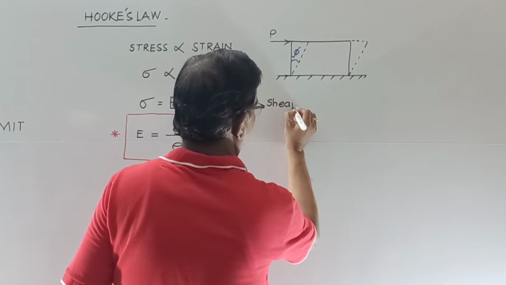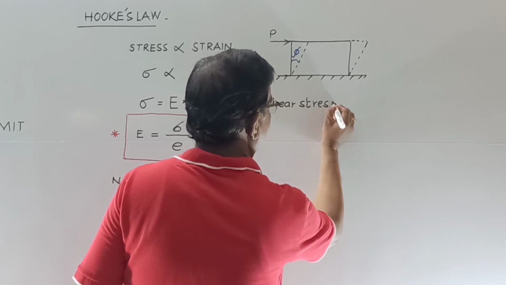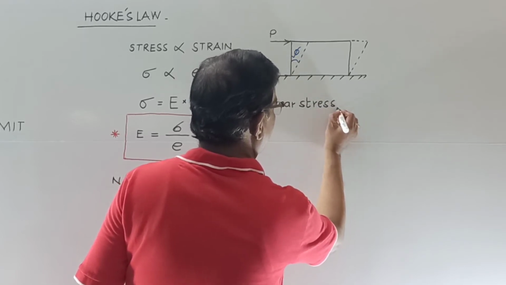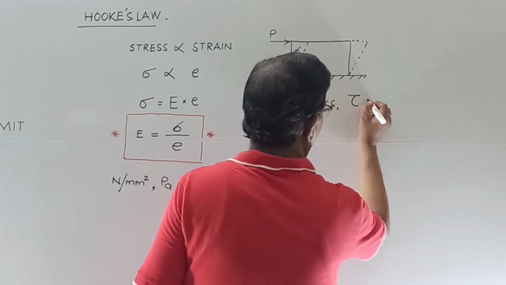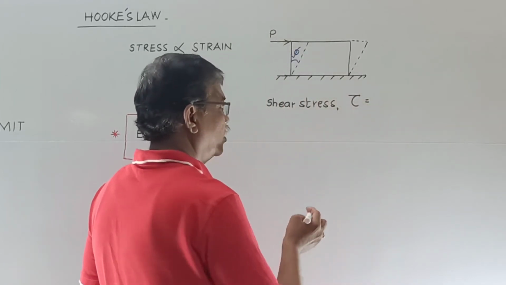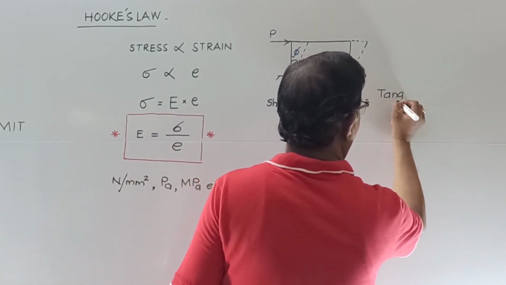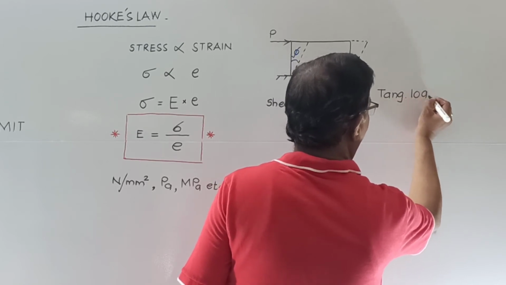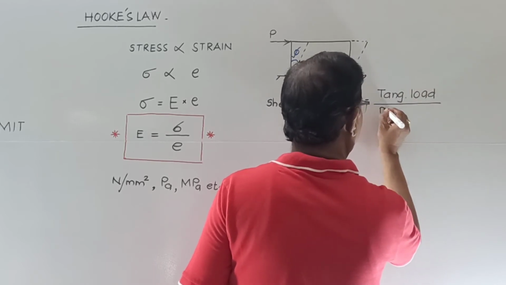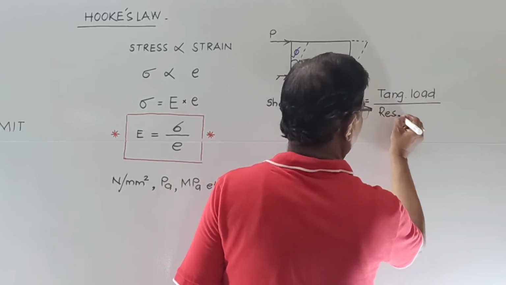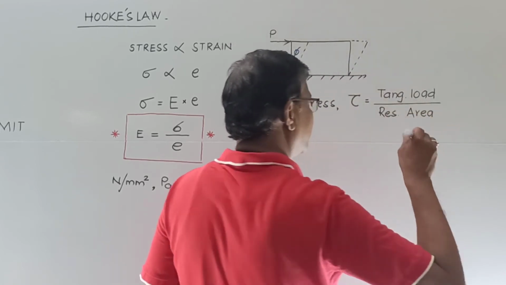Shear stress, which is denoted by letter tau, is equal to tangential load upon resisting area. Here I will not say cross sectional area, tangential load upon resisting area.